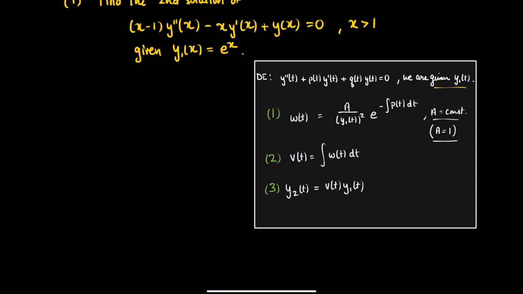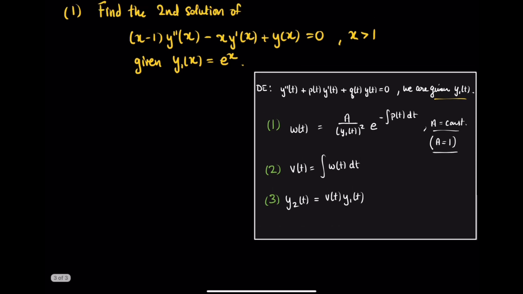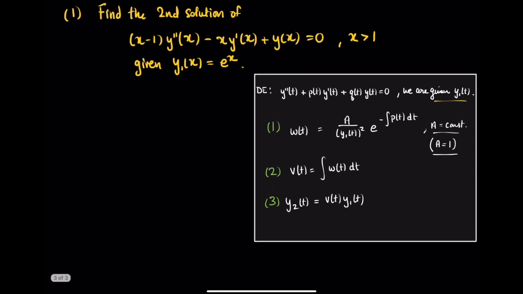I'm hoping that you've tried this question and you've succeeded. Now we're going to try and do this together. I should probably get rid of this and just call this an example so that you don't get confused.